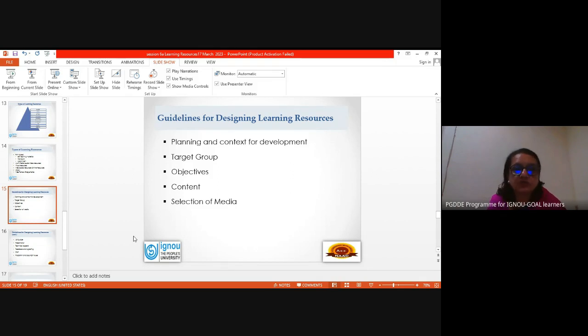The next thing to do is to plan your target group. Identification of the target group is important, because the target group will help you decide what kind of resource you will make, how you will design it, whether it will be bulky or not bulky. All those things will depend upon the analysis of the target group. Once you have the target group, then you will make the learning objectives of that resource.